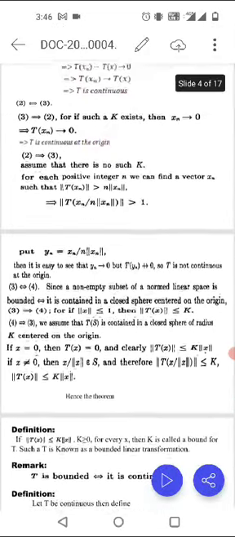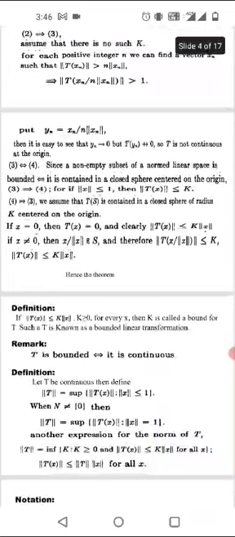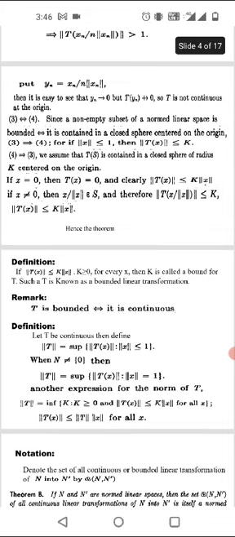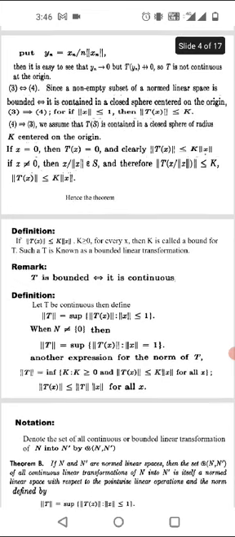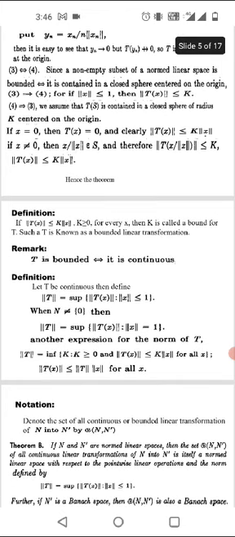So this derives the equivalent theorem for continuous linear transformation. Next, the definition of bounded in functional analysis. Let us consider norm of T of x less than or equal to k times norm of x for every x belongs to N, and k is called a bound for the linear transformation; then it is called a bounded linear transformation.